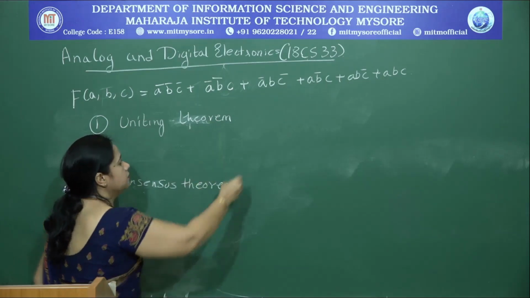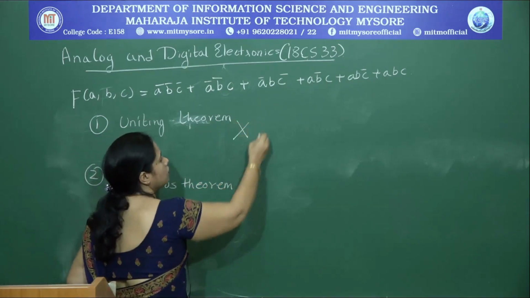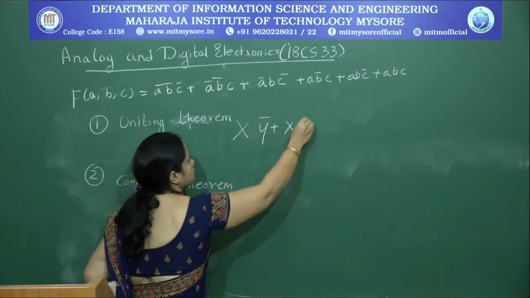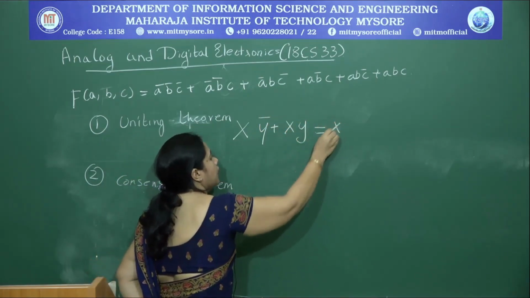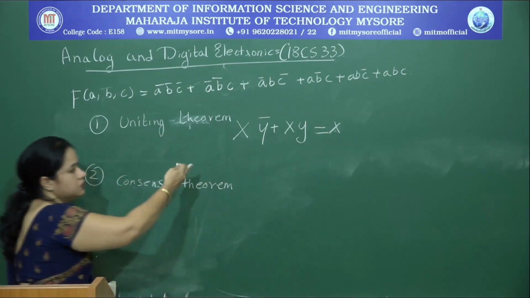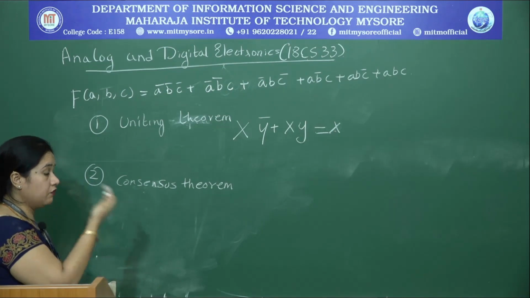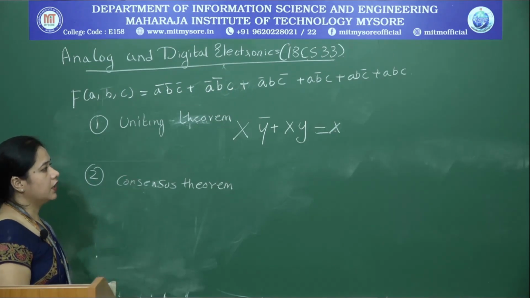The uniting theorem, you already know: if you have an expression of this form, it gets reduced to x. We are taking x common, y bar plus y becomes 1. So, it is reduced to x.